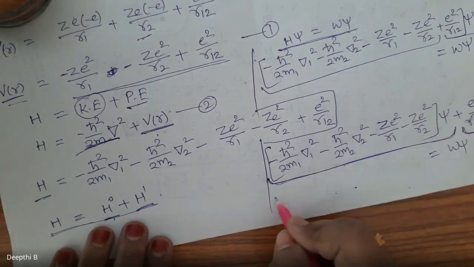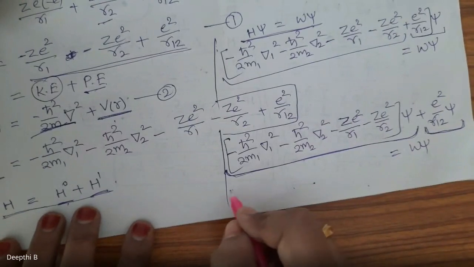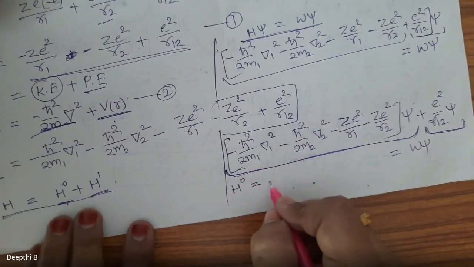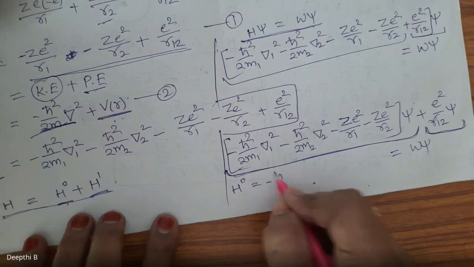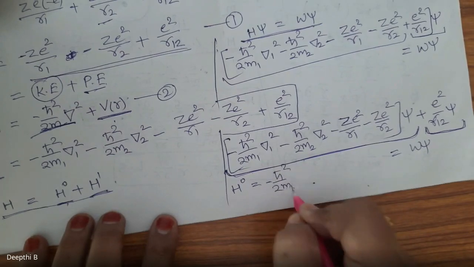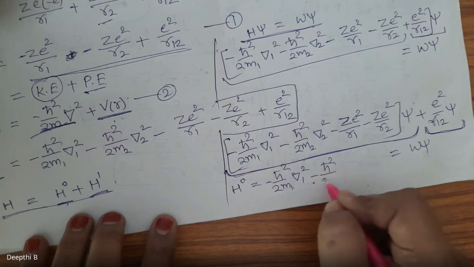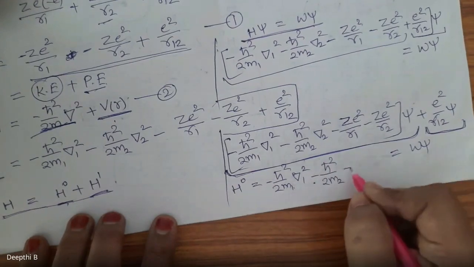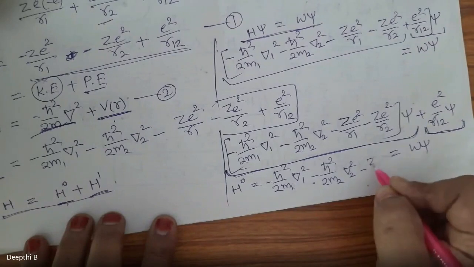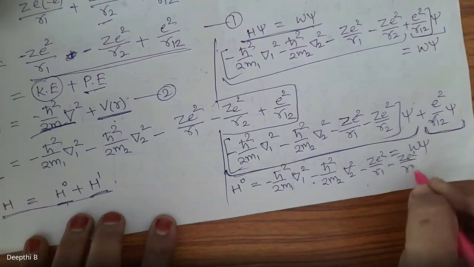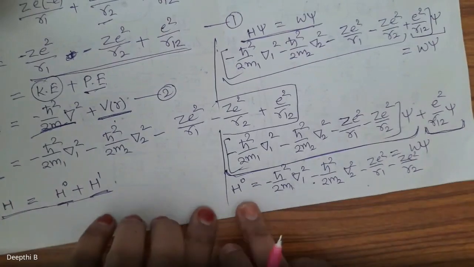So H naught is equal to minus h cross square by 2m1 del 1 square minus h cross square by 2m2 del 2 square minus Z square by R1 minus Z square by R2. It is your H naught.